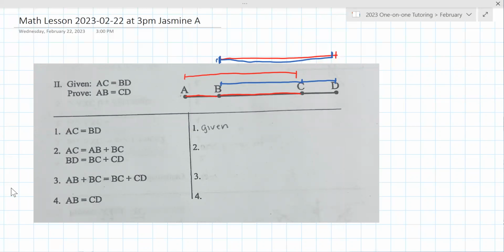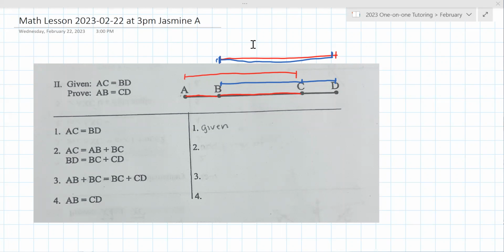So if we need a reason for that, it's some sort of like the parts of the line: when two line segments add together, they make another line segment. Do you remember any language like that in class? No. Okay. For this one, what I was going to put down was addition property of equality, but I wasn't sure.